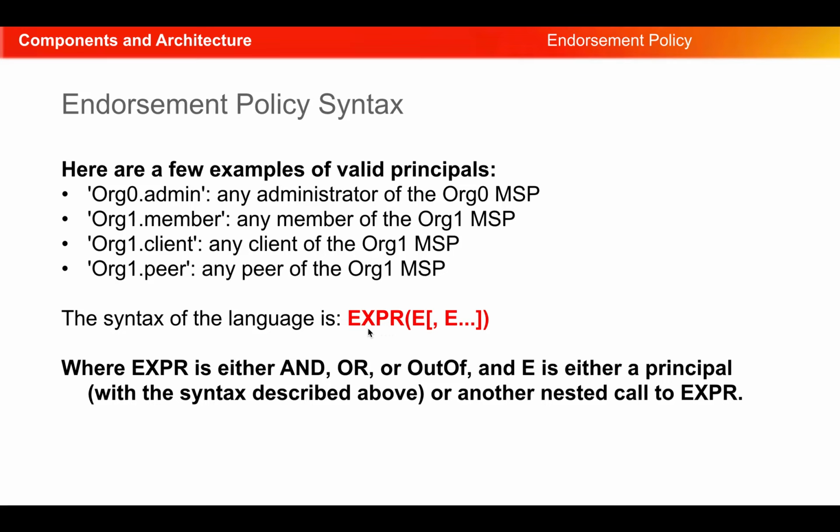As you can see, you have this expression. The expression takes the value AND, OR, or OutOf, and E is either a principal or another nested call to the expression. You can nest those inside. If you don't understand how the expression is nested, we are going to provide a couple of examples, and we will look into all the endorsement policy syntax in the practical section as well.